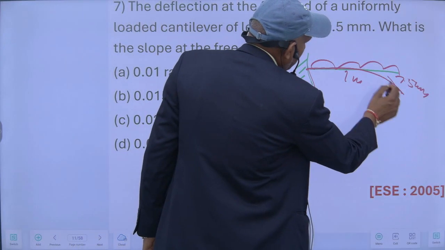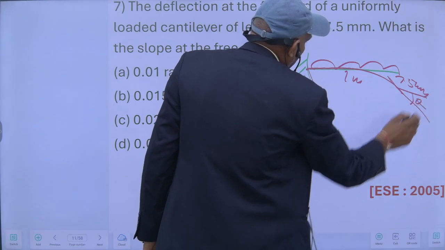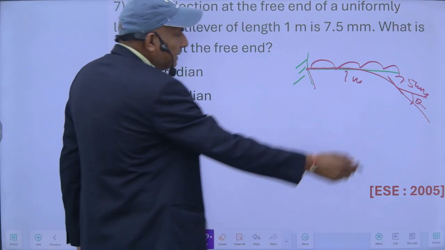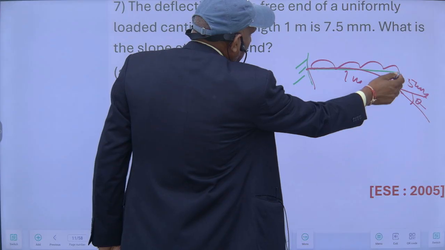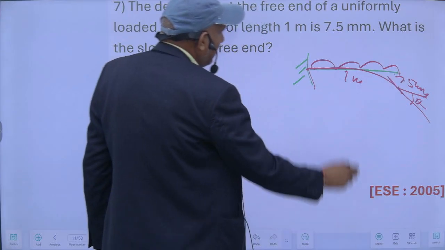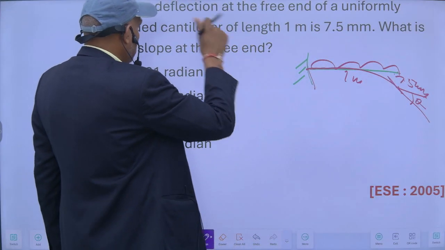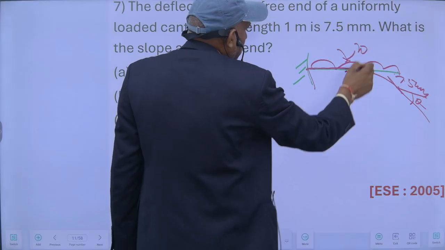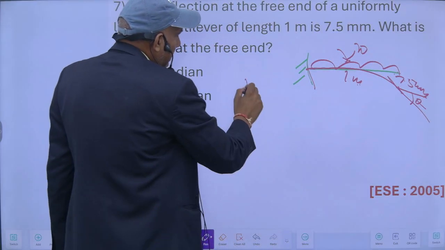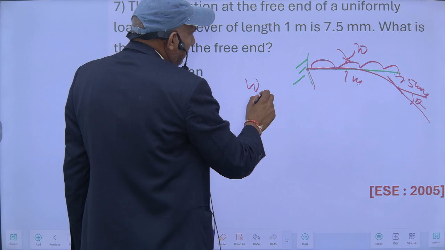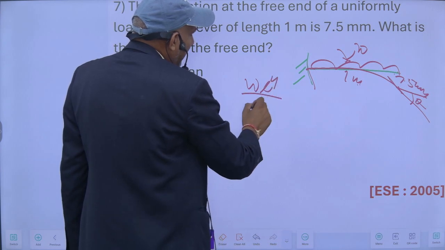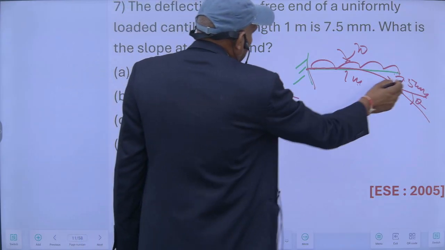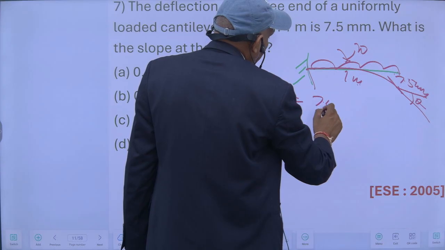So I have to find the slope. The formula of deflection is W L4 upon 8 EI, and the deflection is 7.5 mm.